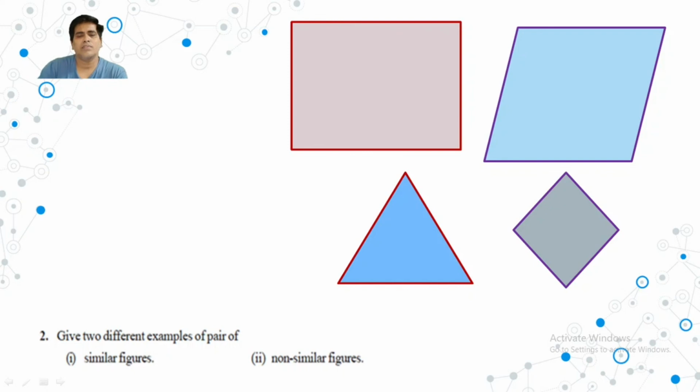Why? Because their corresponding sides are different. Their angles are also not equal. So here the shape is different. This is the best example for non-similar figures: an equilateral triangle as well as a rhombus. So these are not similar figures. It is a rectangle and it is a parallelogram. So these are the best examples for non-similar figures.